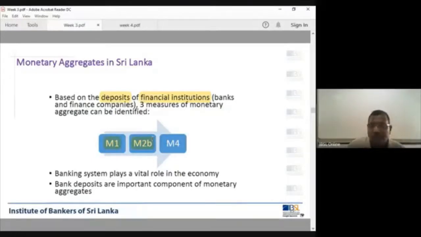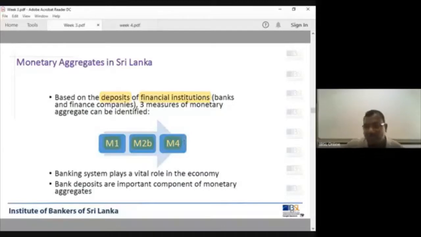The last monetary aggregate in Sri Lanka, M4, is based on deposits of specialized banks and finance companies. So you can make a difference. The first two are from commercial banks. The last component is from commercial banks plus specialized banks and finance companies.